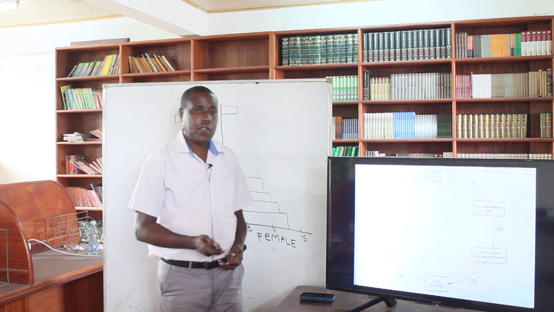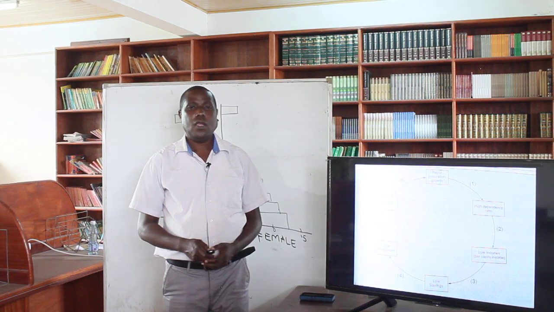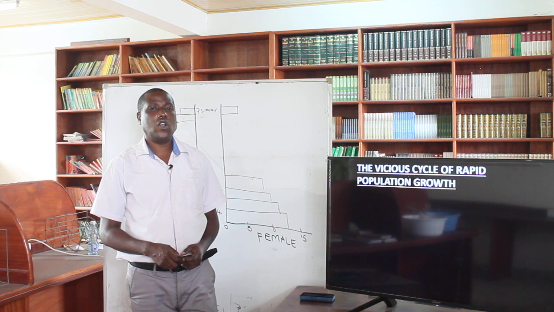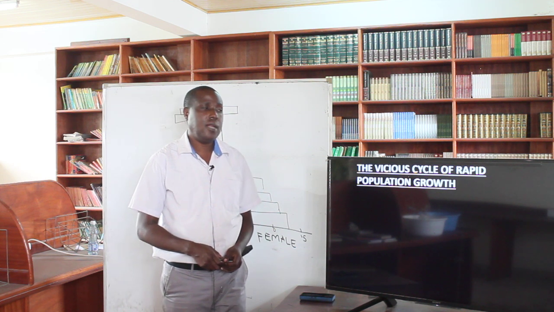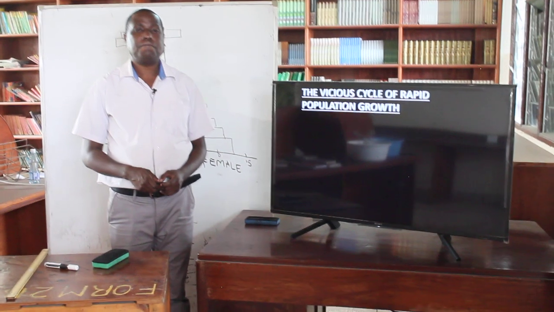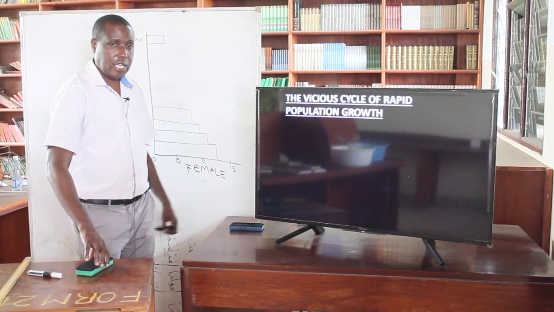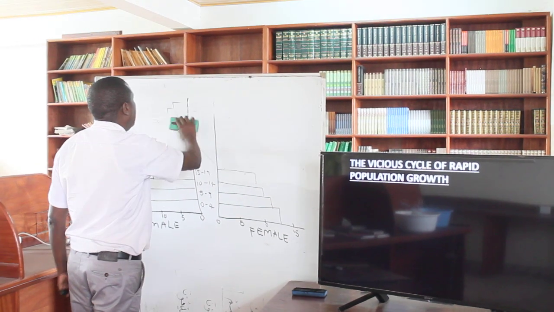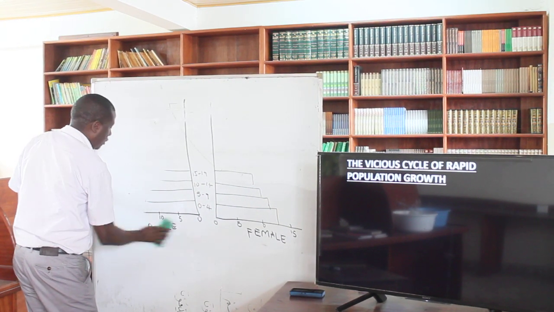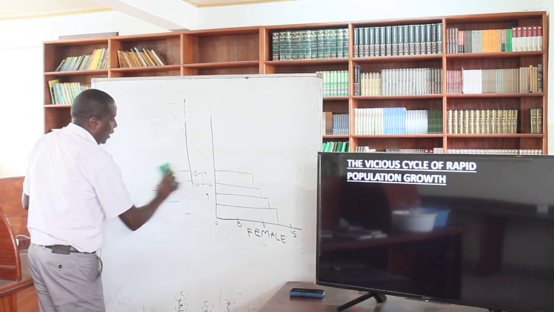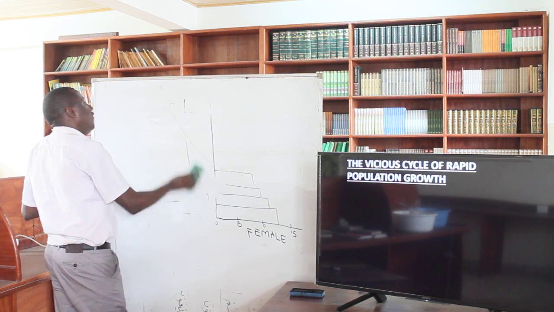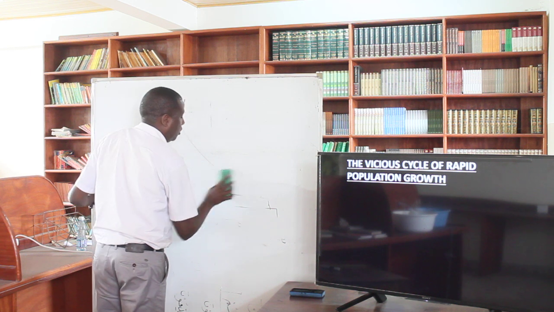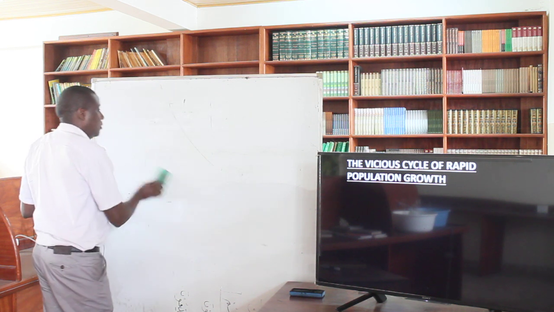And finally, for today, we want to look at what we call the vicious cycle of rapid population growth, right? Now, we are saying having a high population is a problem because of what we have seen.